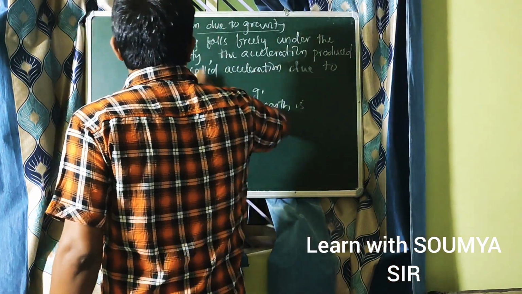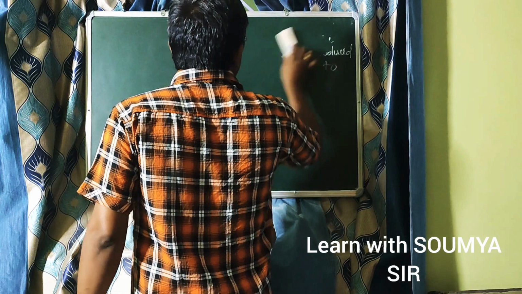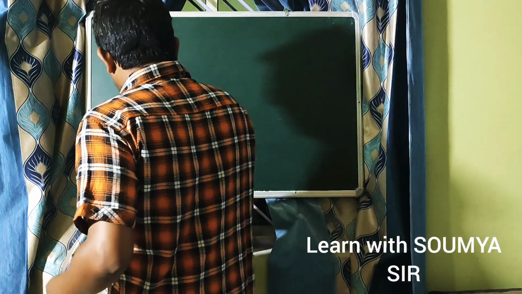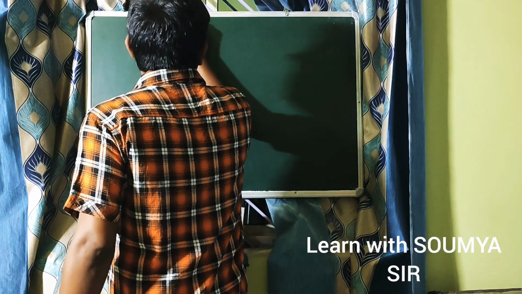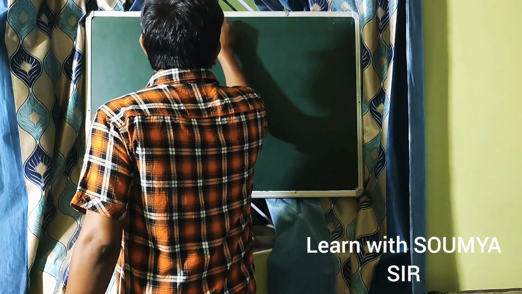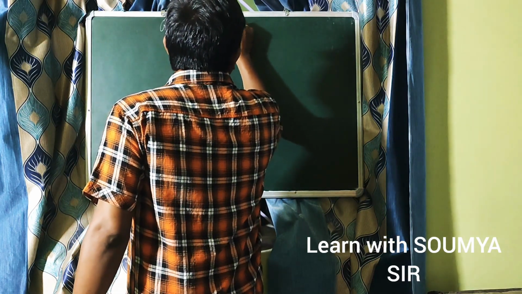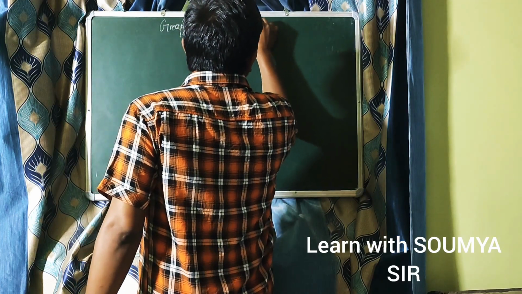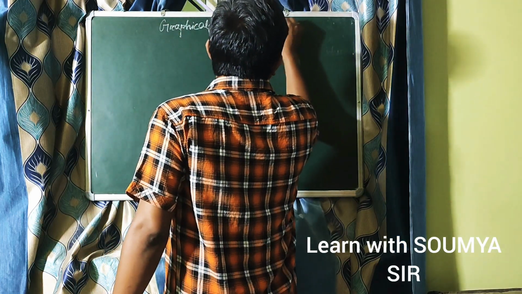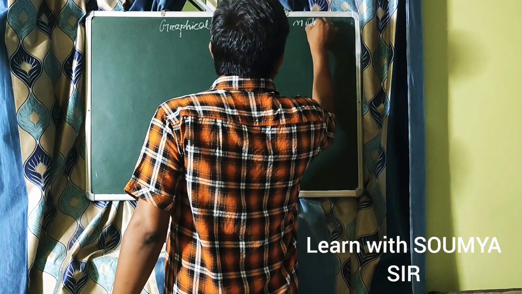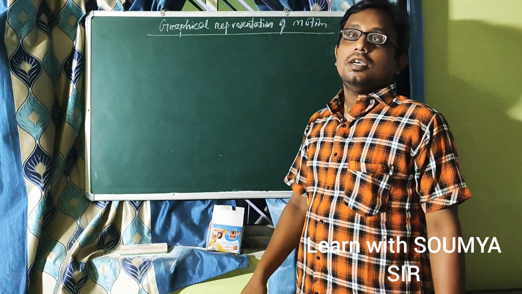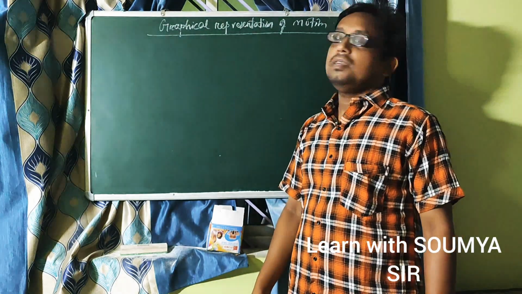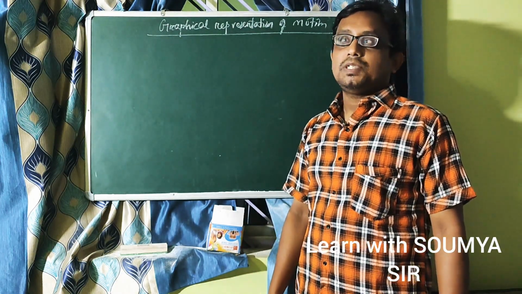Now we will read about graphical representation of motion. It means we will represent the motion of a body by certain graphs.